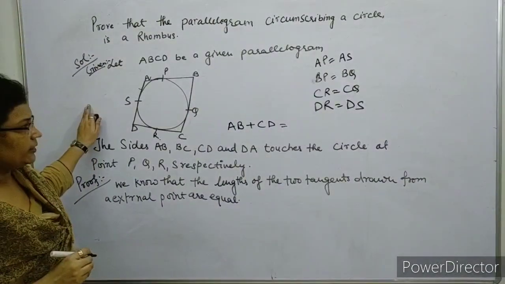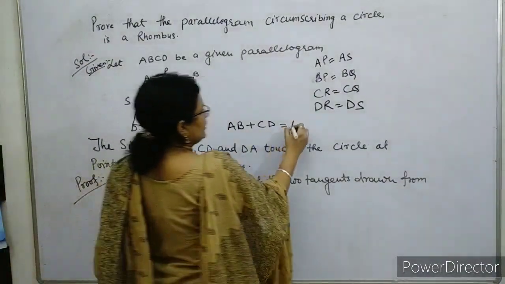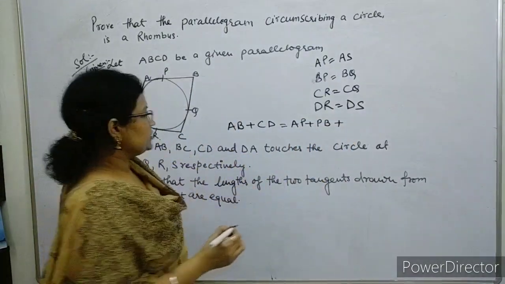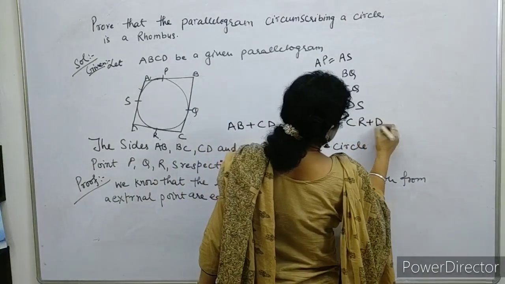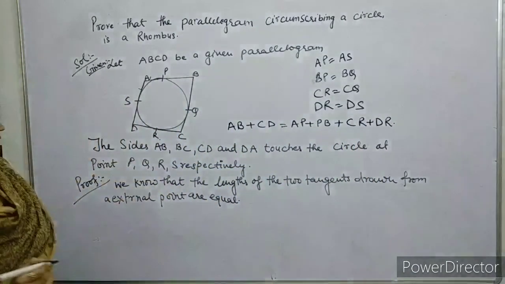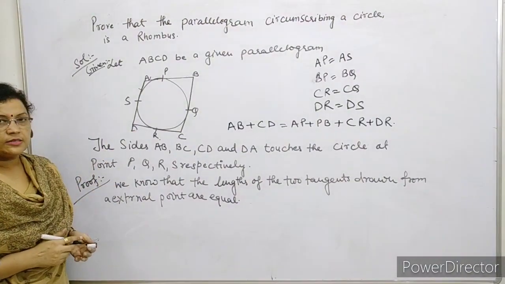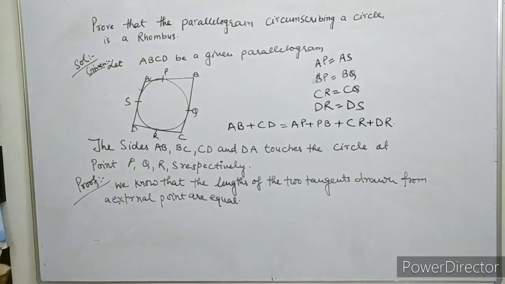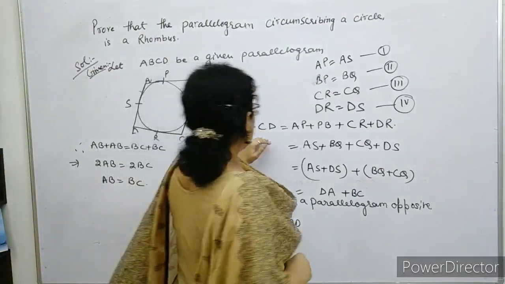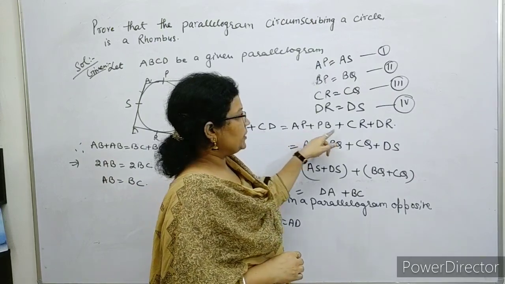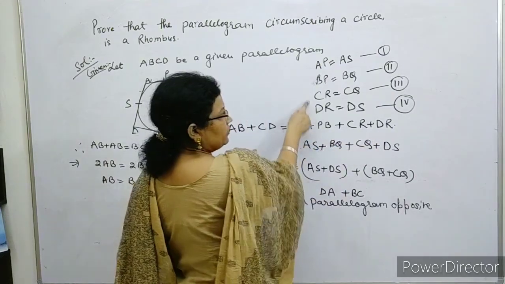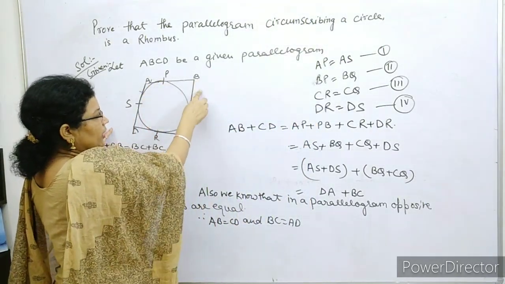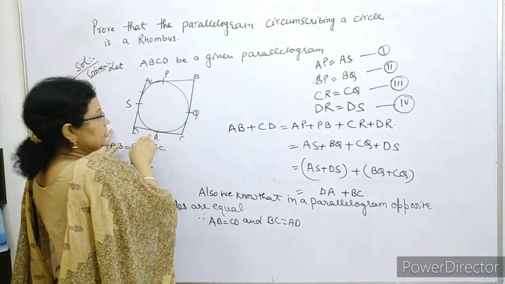If we add them, AB is equal to AP plus PB, and CD is equal to CR plus DR. So AB plus CD is AP plus PB plus CR plus DR. Why? Because if it is AB, then AP plus PB, and if it is CD, then CR plus DR.